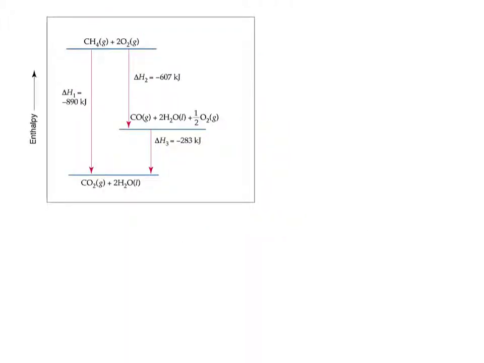All right, remember again, we're using Hess's law, the idea that it doesn't matter how we go from the reactants to the products. The energy change will always be the same.